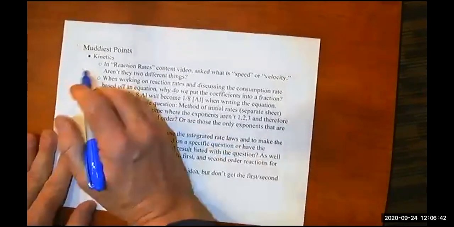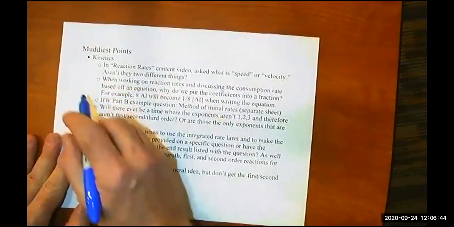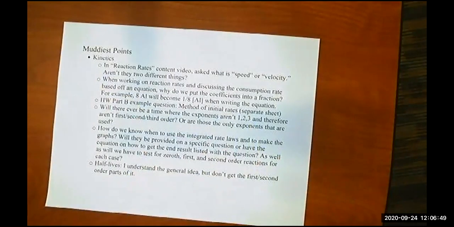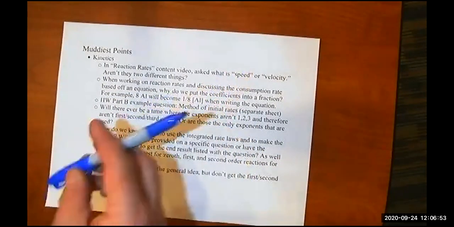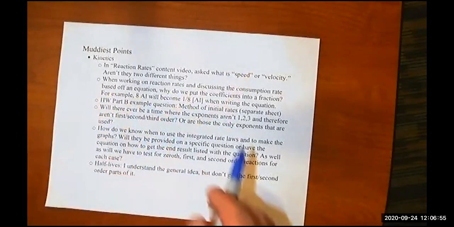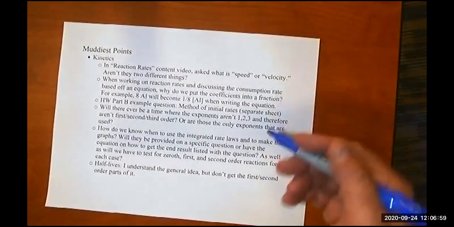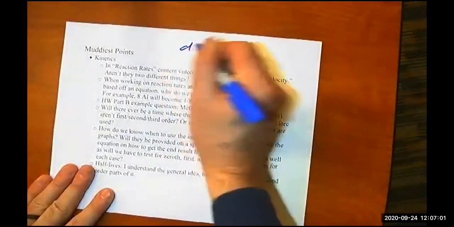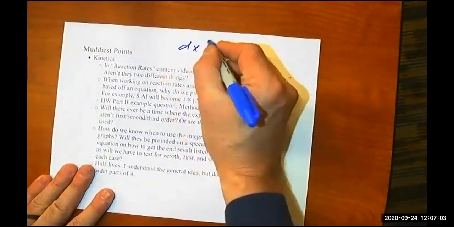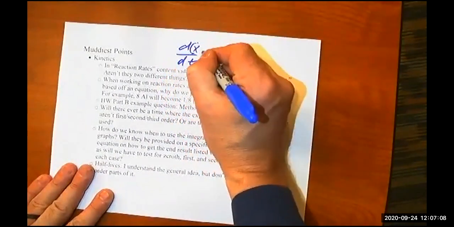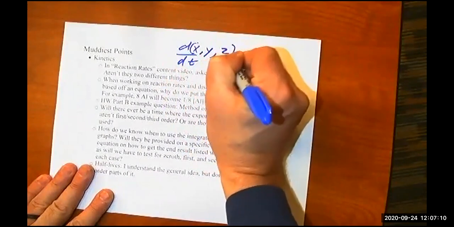So in the reaction rates content video, one of the questions I asked had mentioned what's the speed or velocity of something. And the concern was from physics that I thought those were different things. Well, to clarify that, velocity is the change in position with respect to time, but position is a three-dimensional vector.